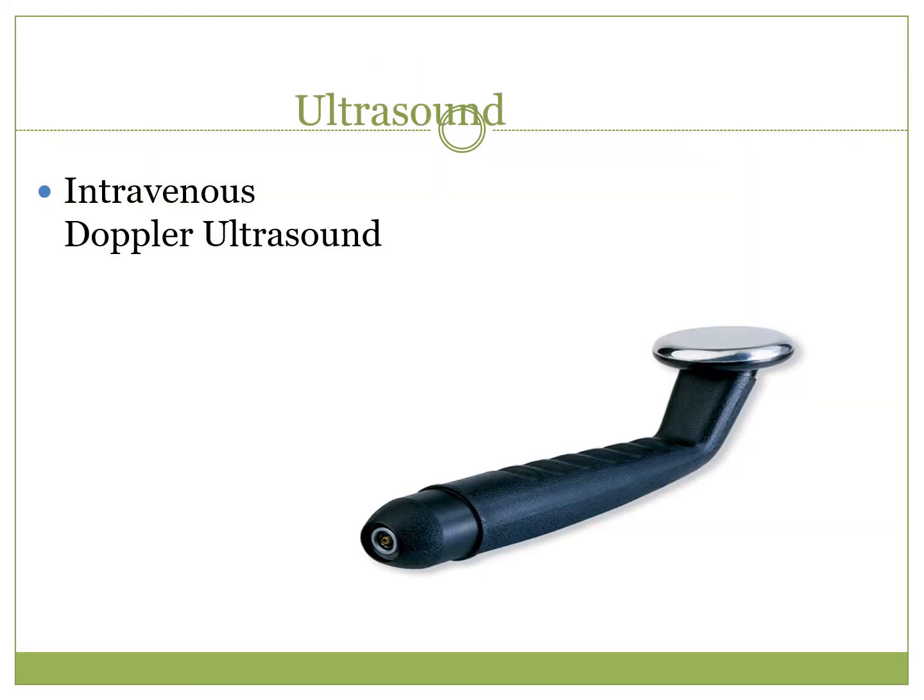And then our last slide here is intravenous Doppler ultrasound. It involves a transducer mounted on a pulmonary artery catheter and positioned in the main pulmonary artery, and it also has a moderate correlation to thermal dilution. Okay, so that is all I have for today.